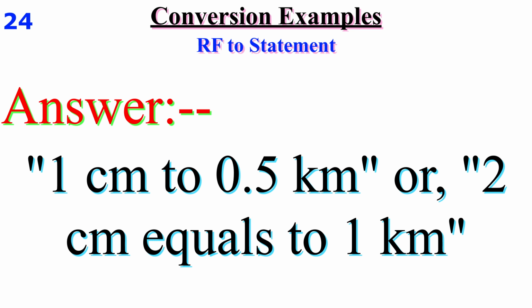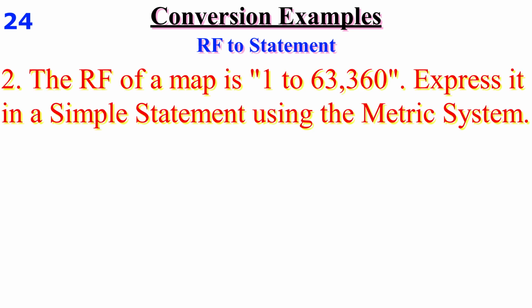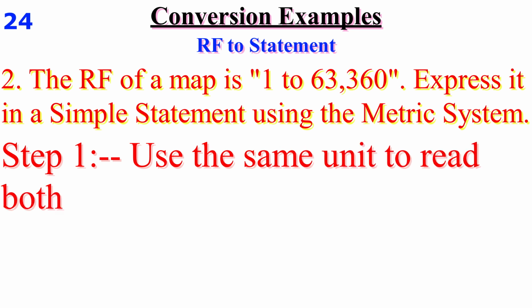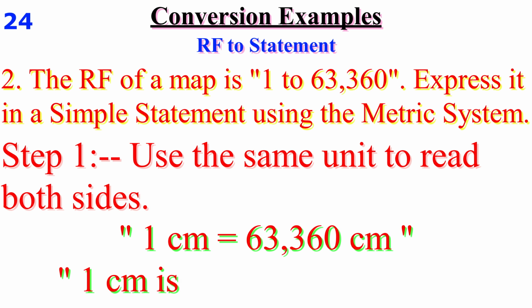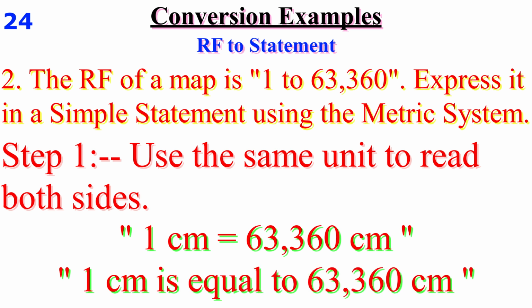Next example, the RF of a map is 1 to 63,360. Express it in a simple statement using the metric system. Step 1. Use the same unit to read both sides. 1 cm equal to 63,360 cm.